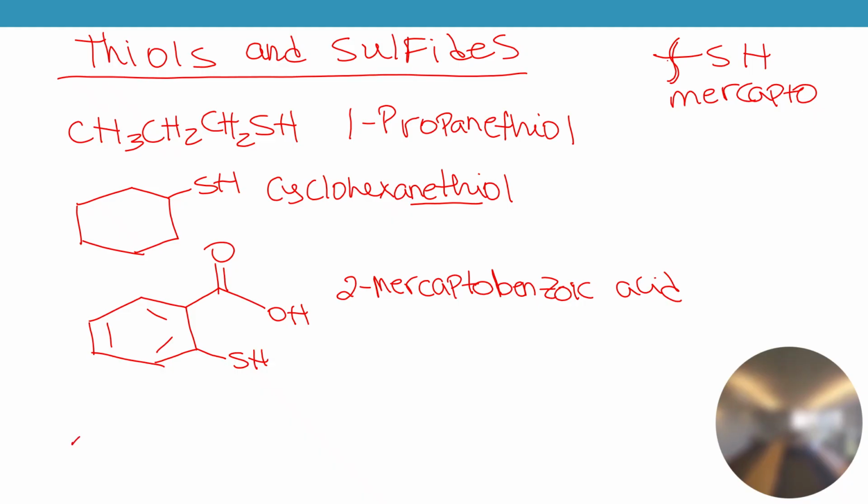And then just one simple one. Now we're going to prioritize the mercapto group over alkyls. 2, 3, 4. So this, think about it, 3-methyl, and then 1-butane thiol.